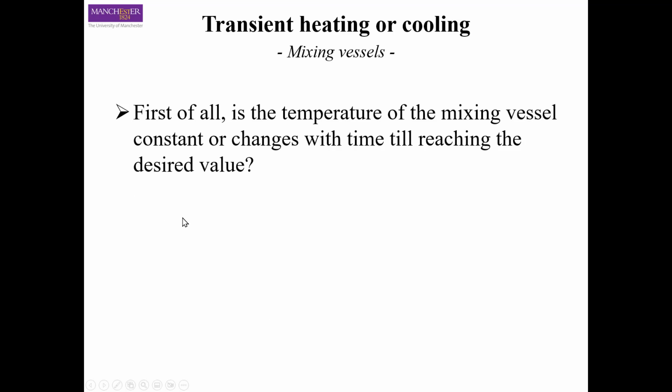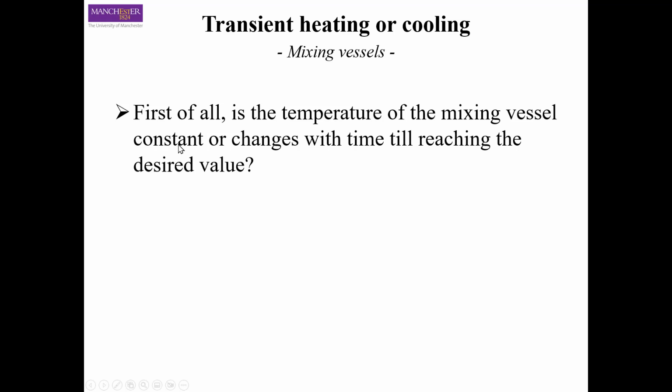Before we go into further detail of this transient heating and cooling analysis, we want to answer a few questions. The first question is whether this mixing system or this batch system is at a constant temperature, or is the temperature changing in time?